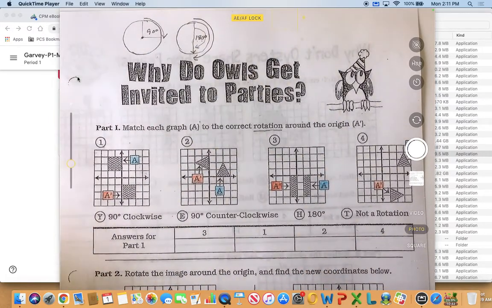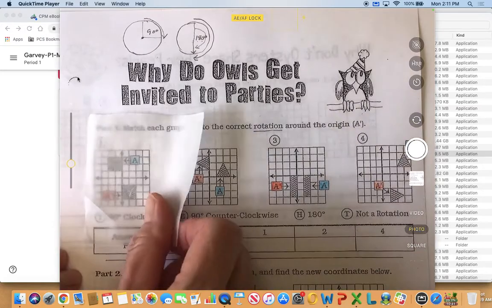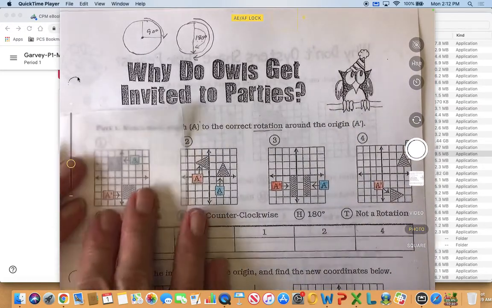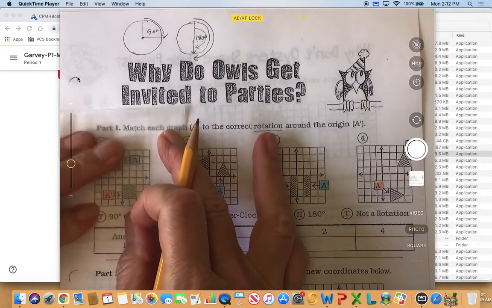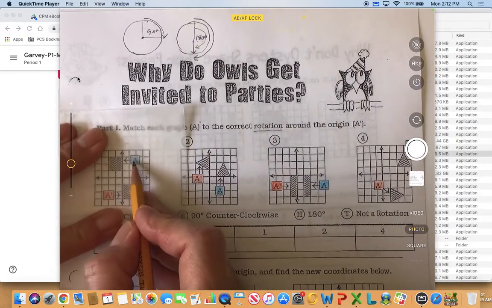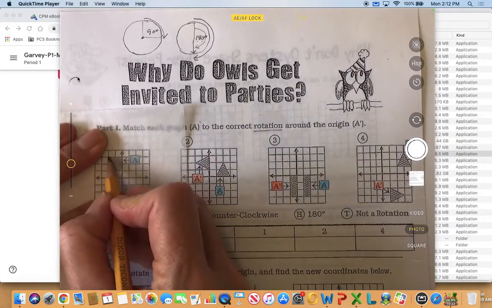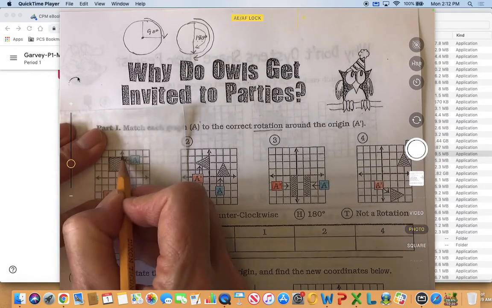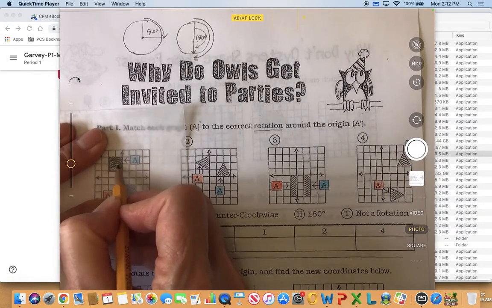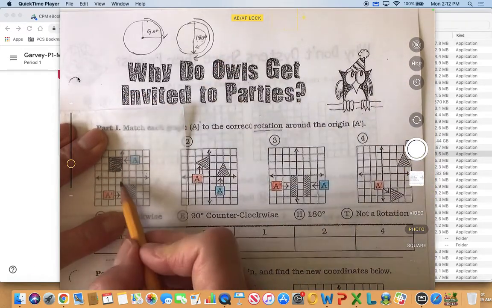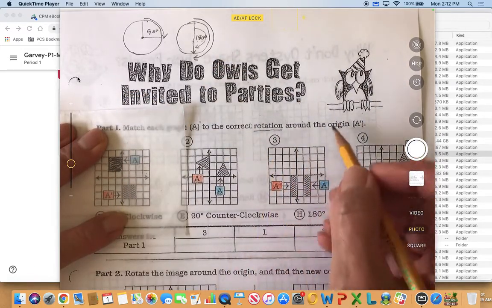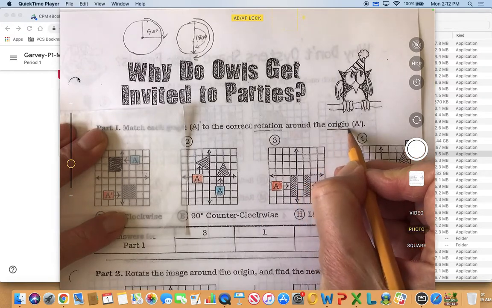Okay, so let's figure this out, and we're going to use patty paper because that really helps. So let me show you a trick to use patty paper. First of all, we know this is where we started, A, so I'll just make a quick sketch of A. And then I know that my point of rotation is going to be the origin.